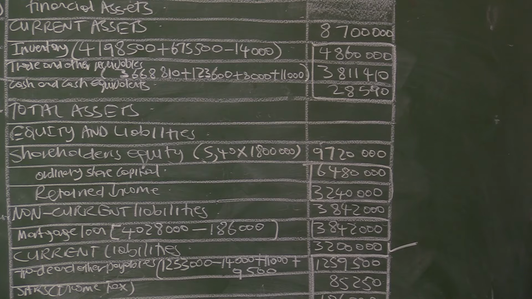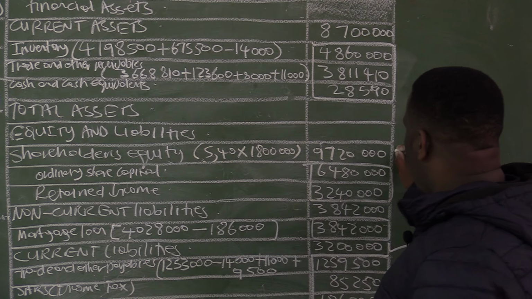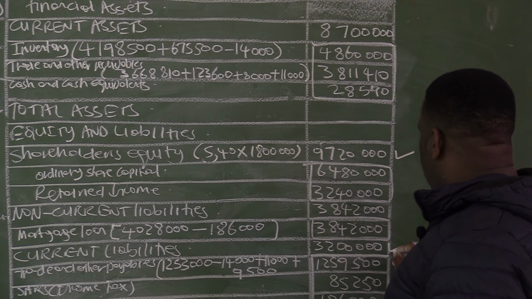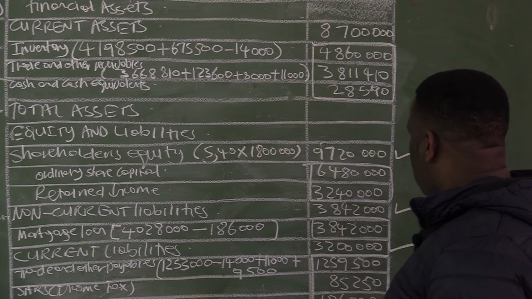And then now we need to calculate the total at the end, which is the total equity and liabilities. It will be made up of these three totals: your shareholders' equity plus your non-current liabilities plus your current liabilities.